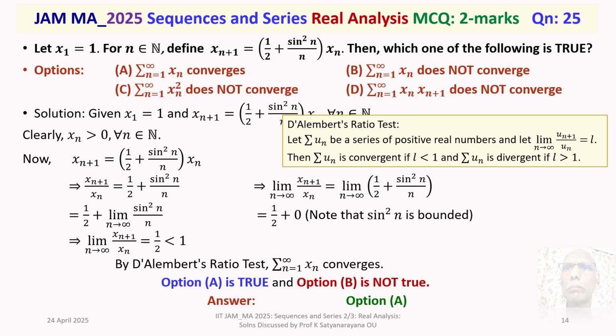But our students will ask us, suppose this question is given as a multiple select question, MSQ. How do you rule out option C and option D? They are not true. How do you say that?